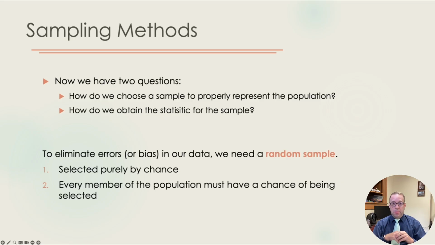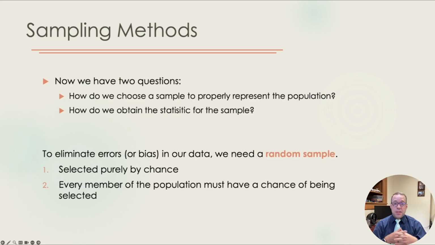Every member of the population must have an equal chance of being selected. Okay? For something to truly be random, then everything needs to be selected by chance, and every member of the population must have an equal chance of being selected. Those are both the requirements for something to be random.